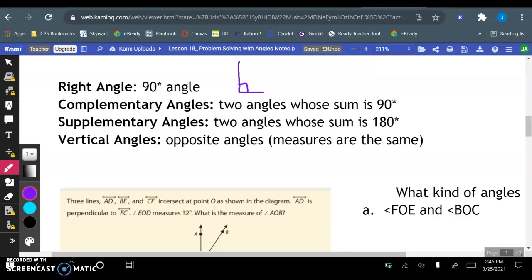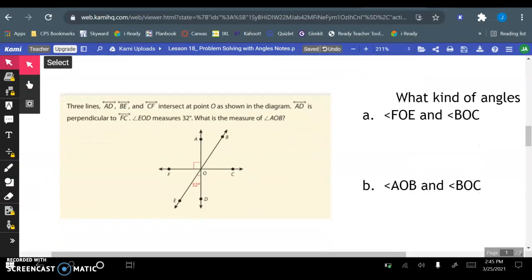Supplementary are the exact same thing, except when we add them together, we're going to get 180 degrees. And then vertical angles, which I talked about above, are opposite angles, and their measures are the exact same. So they're across that common point from each other. They're opposite spots. So using that information, we need to answer the following questions.